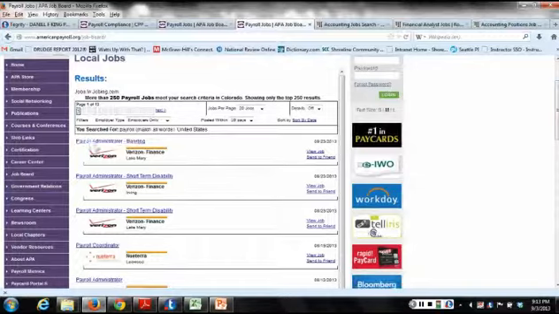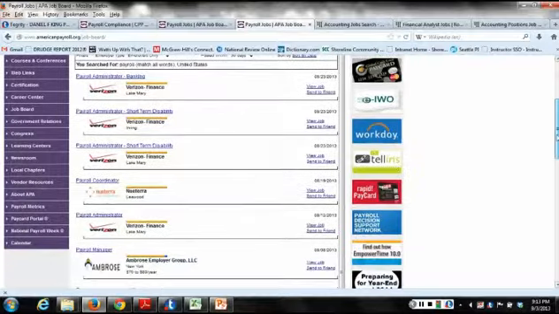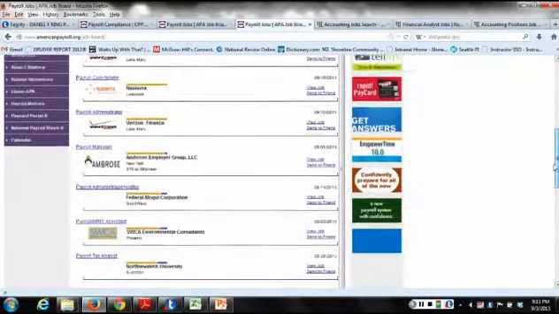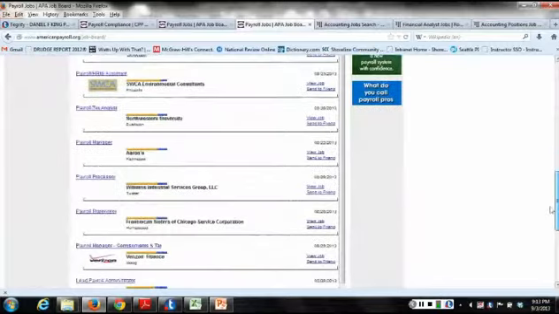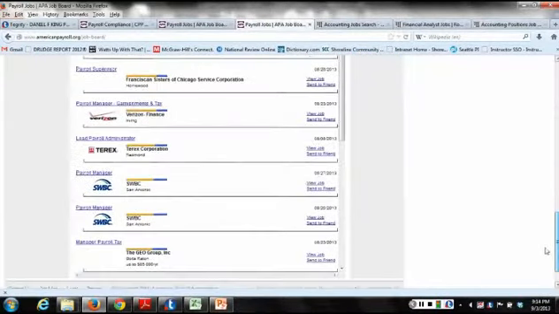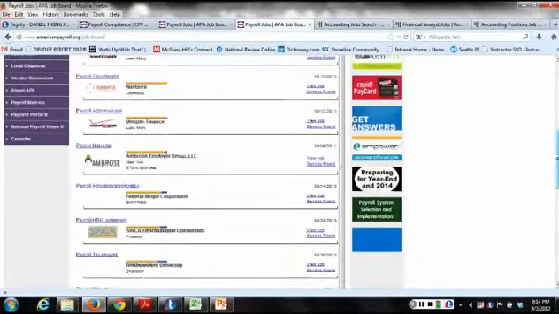Here are the various titles. This is current as of the end of August here. We see payroll administrator, payroll coordinator, payroll manager, payroll assistant, all levels, lead payroll administrator, manager, payroll tax.